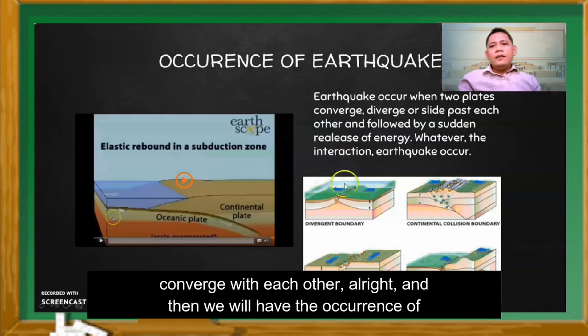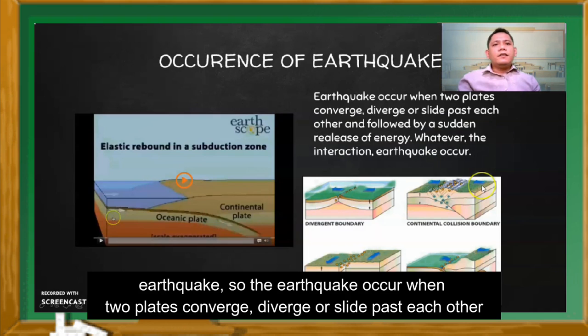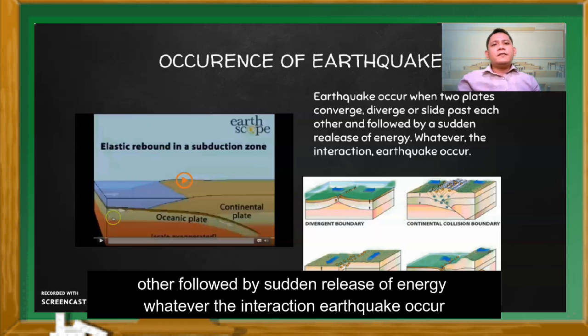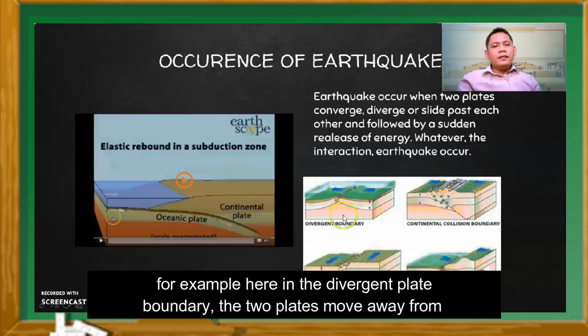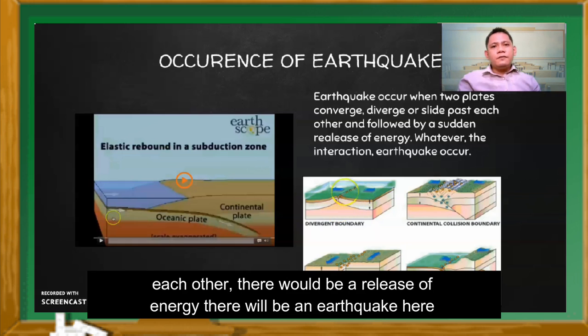Alright, and then we will have the occurrence of the earthquake. An earthquake occurs when two plates converge, diverge, or slide past each other, followed by a sudden release of energy. Whatever the interaction, an earthquake occurs. For example, here in the divergent boundary, when two plates move away from each other, there would be a release of energy. There would be an earthquake.